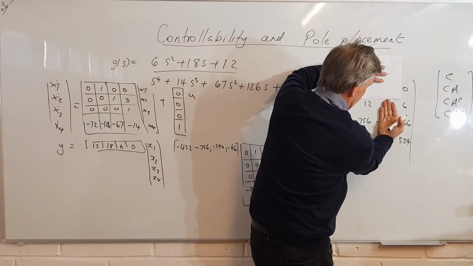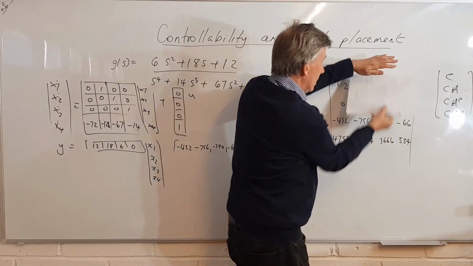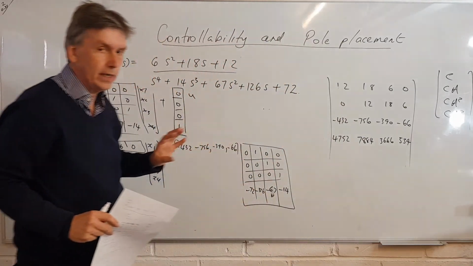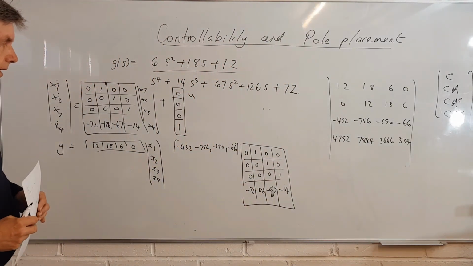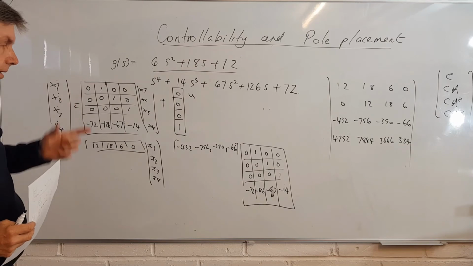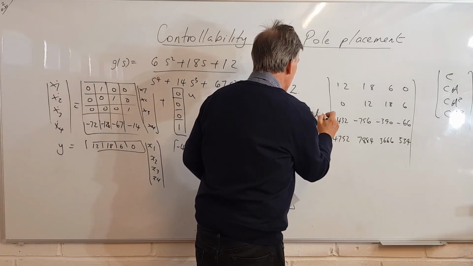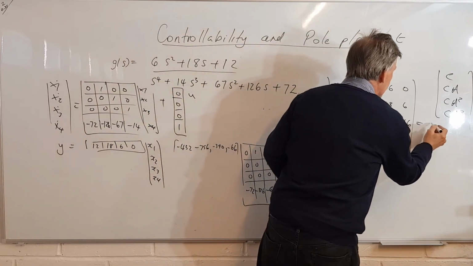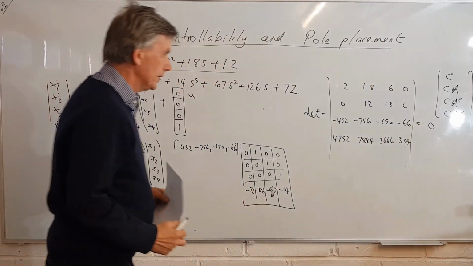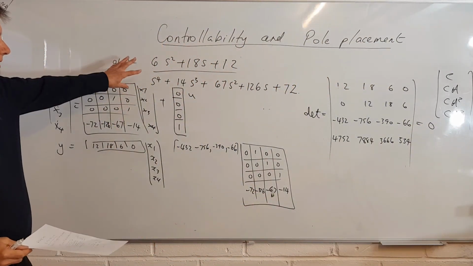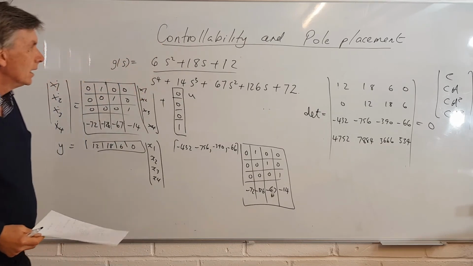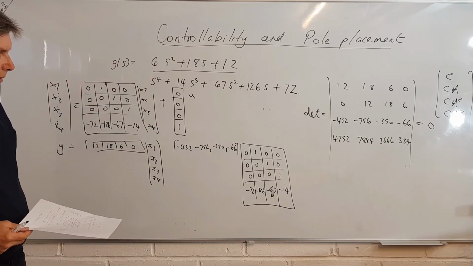So that gives us 3 by 3 determinants to compute, and if we add those up, we'll find that the determinant of this is in fact 0. And this now shows that the system has an unobservable pole.